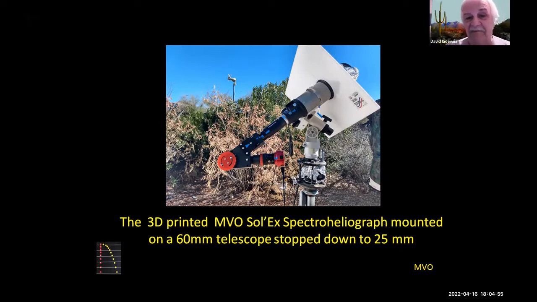However, it's not a problem because I'm looking at a very small amount of energy once it gets through the grating to the detector. But what I did was I stopped down a 60 millimeter telescope, which is this device, to 25 millimeters. So the images that you're seeing from this device are taken with essentially a 25 millimeter, 1 inch diameter aperture.